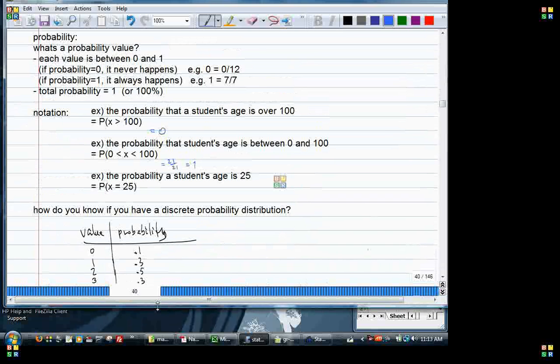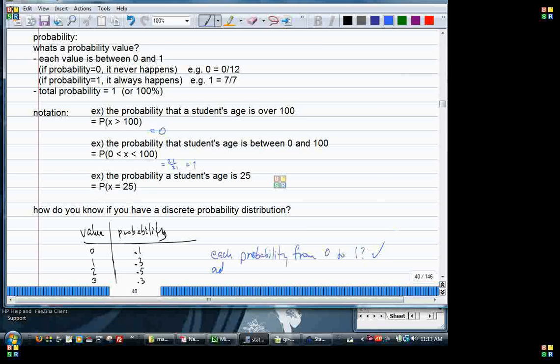The first thing is what should be true about all the probability values. Yes, every individual value should be somewhere from 0 to 1. So is that true? Yes.